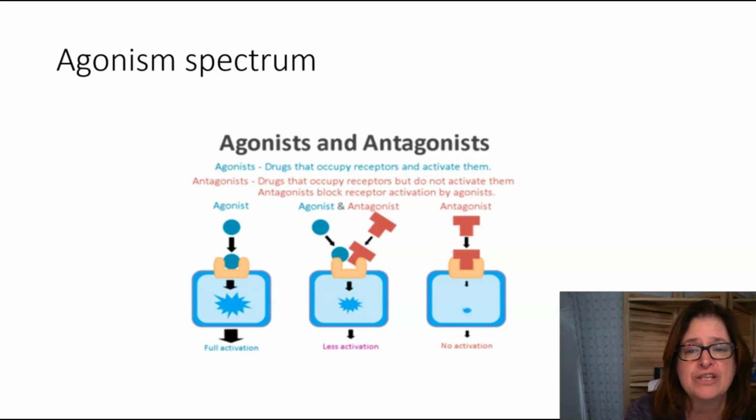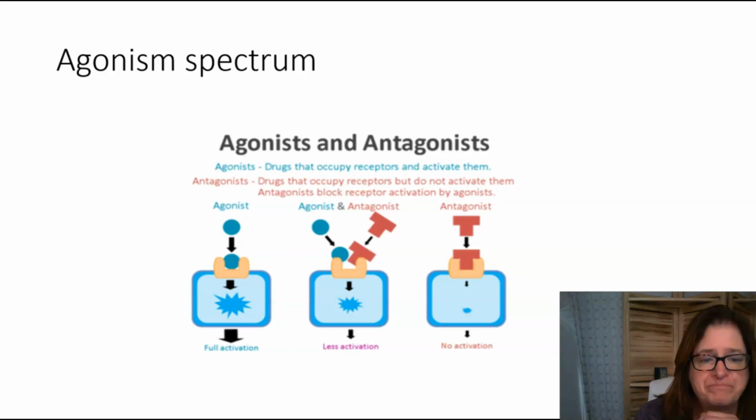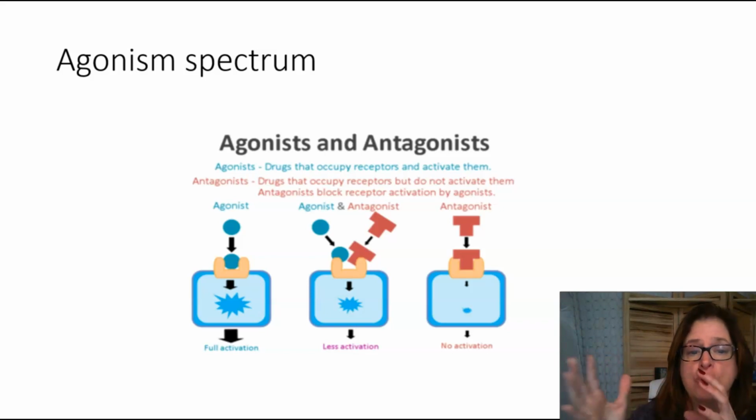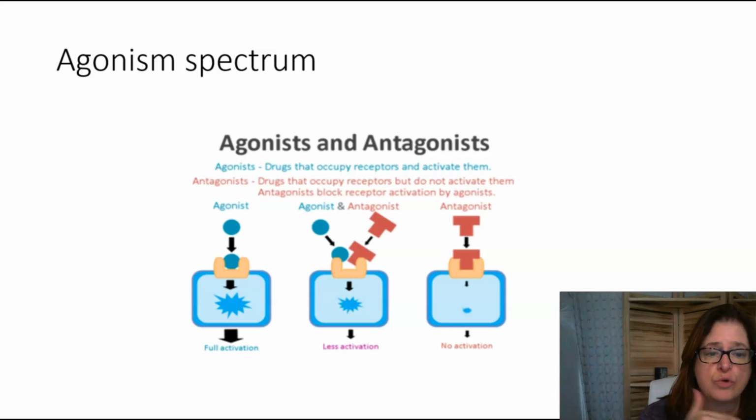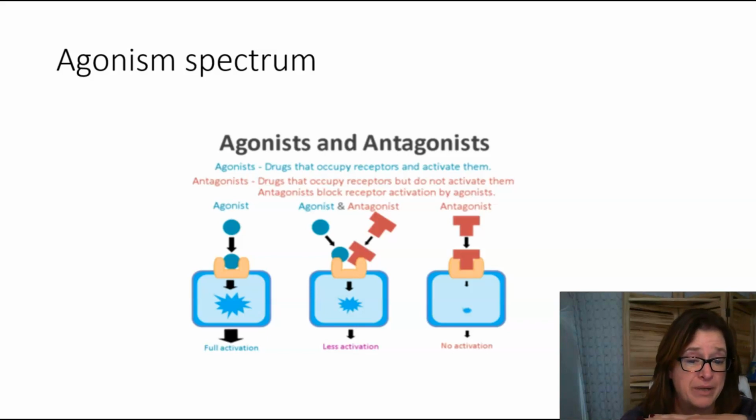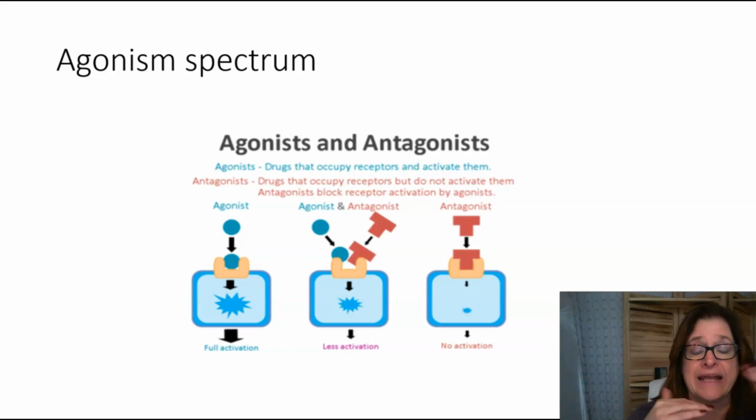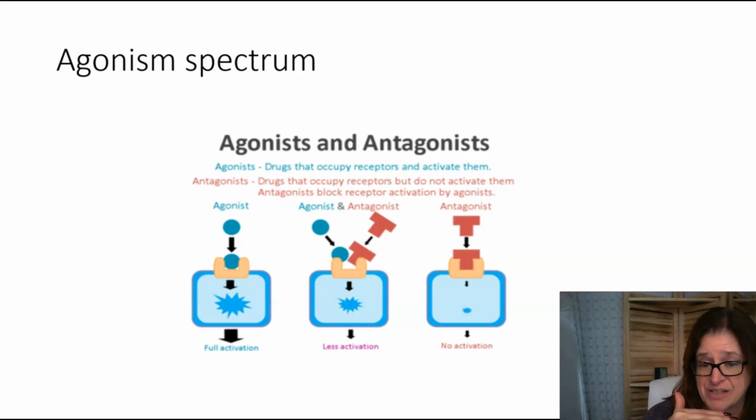Okay? So the agonist spectrum reaches from agonists, which actually occupy the receptor and activate it, through antagonists, which block the action of the agonist. Now, a lot of people think that an antagonist does the opposite, but that's not necessarily true. It just blocks anything from happening, right? An inverse agonist would be the opposite, right?